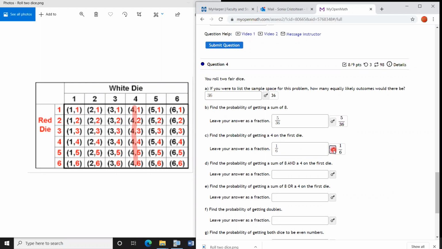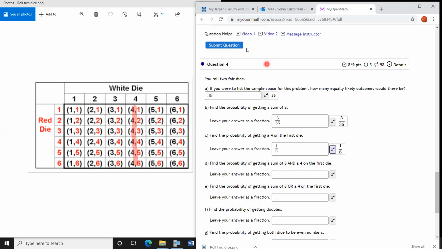Okay. Now, next question is right here. Find the probability of getting a sum of 8 and a 4 on the first die. Now, this question points out this should be a multiplication rule because it's and. So you may ask yourself, are those things independent or not?